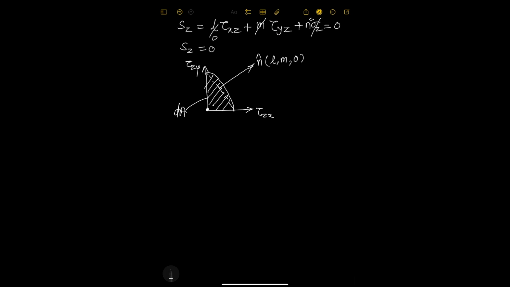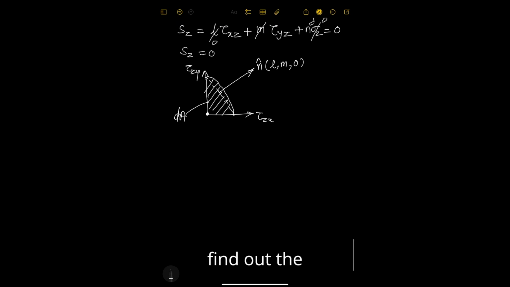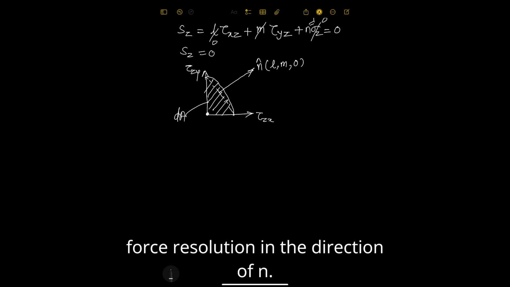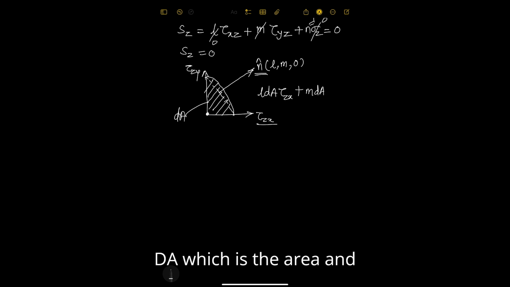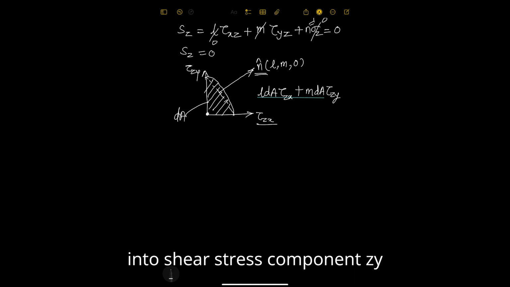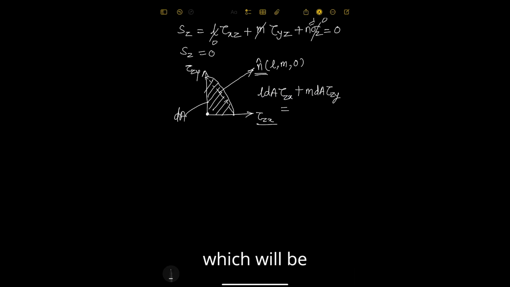So let's find out the force resolution in the direction of n. What we can write is l into dA into tau zx plus m into dA, which is the area, into the shear stress component zy, which will be equal to tau zr into dA.